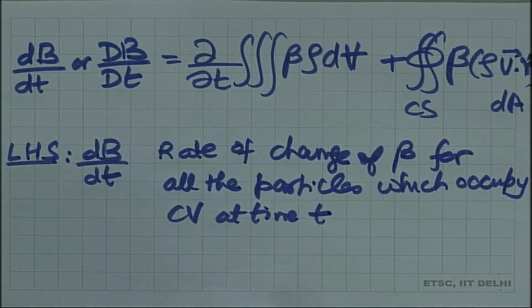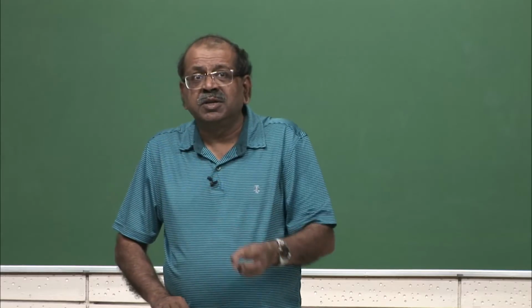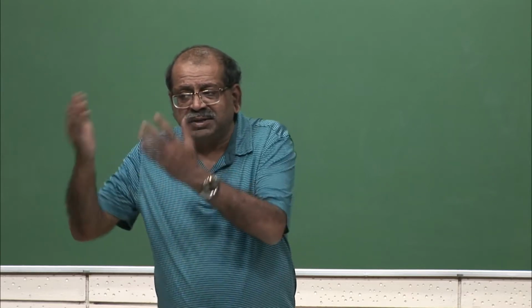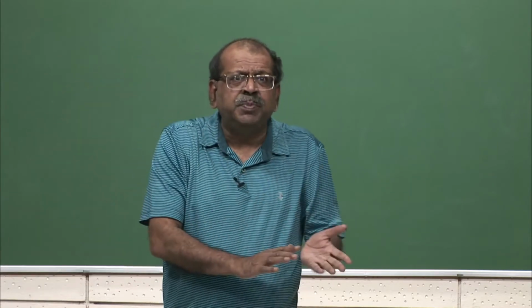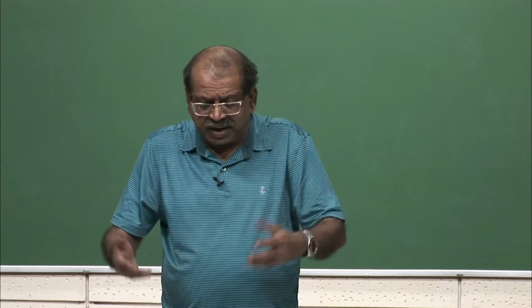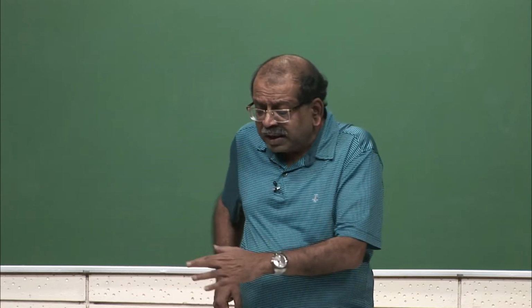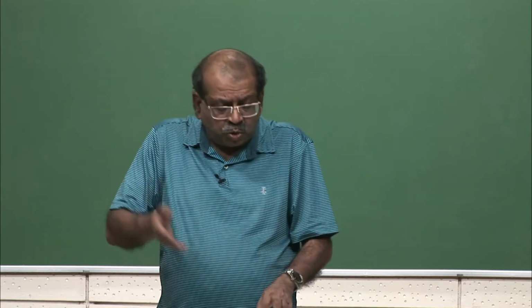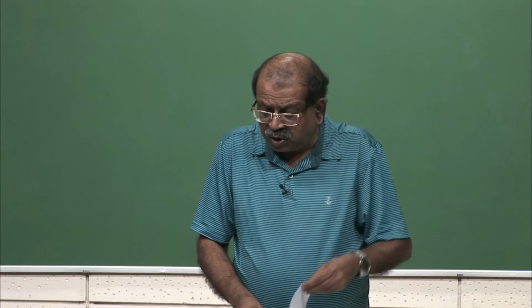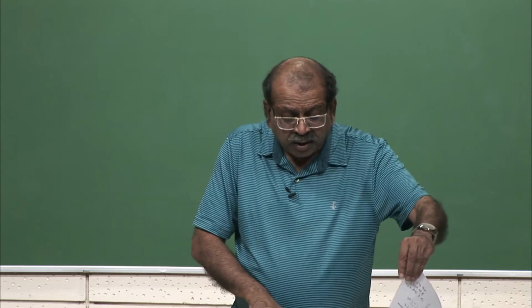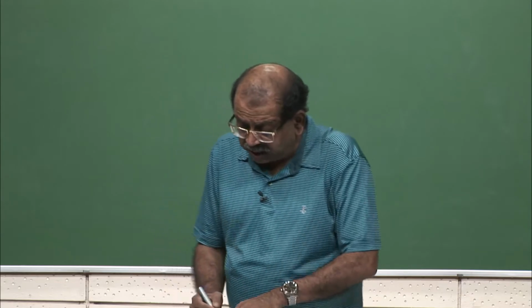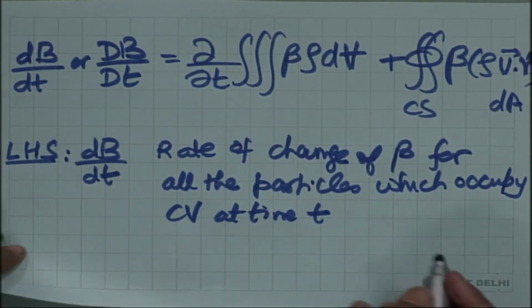To calculate this, as we have explained, we follow the particles, we look at B of the particles at time t plus delta t minus B of the particles at time t, divided by delta t. So, in this there is an exchange through the boundaries of the control volume, because here we are following the particles.